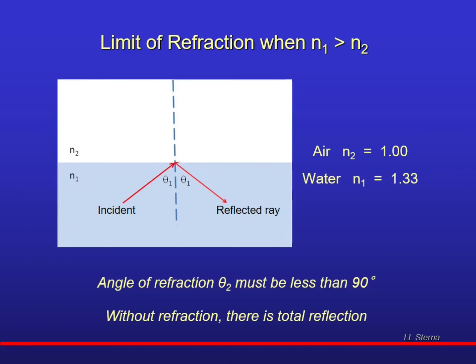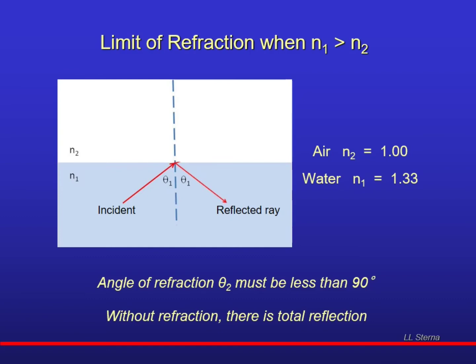In fact, if any of you ever use a technique called attenuated total reflectance, it's a technique in infrared spectroscopy. That technique is based on the fact that the incident ray very slightly samples that second medium before it's reflected. Okay, that's another topic, but you may come across that if you use infrared spectroscopy, in a particular technique called ATR, attenuated total reflectance. That's not part of this course. I'm just mentioning it in case you see it.